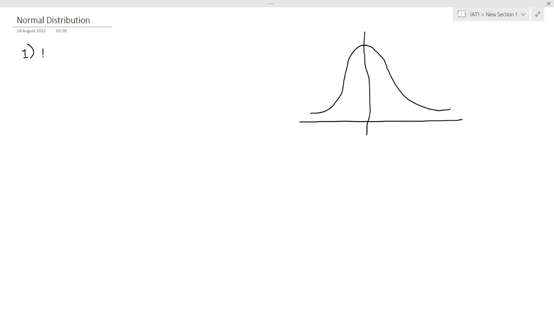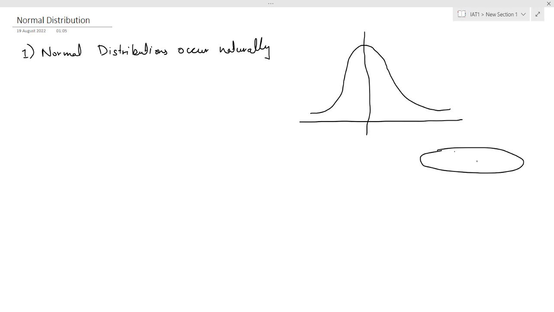First thing first, normal distributions occur naturally, right? When I say normal distributions occur naturally, what does this mean? If I take marks of all the students of Vishwaniketan, or of any institute for that matter, let us say there are nearly 2000 students in our college.